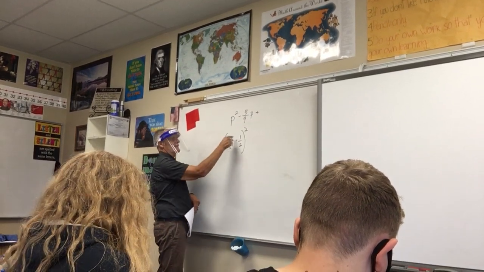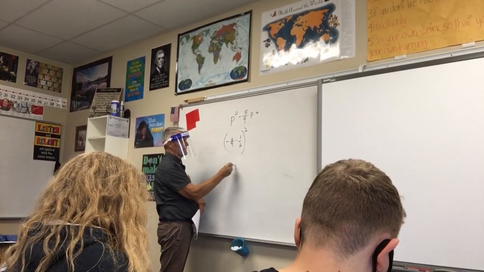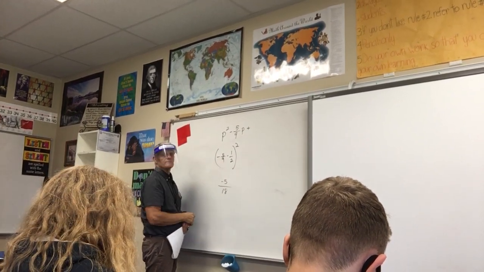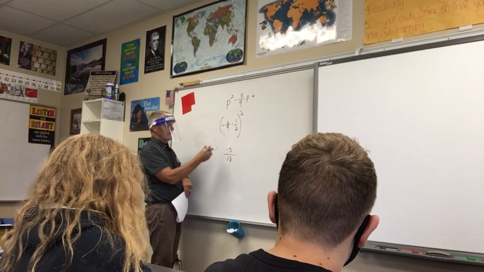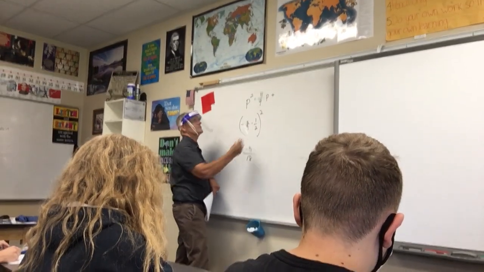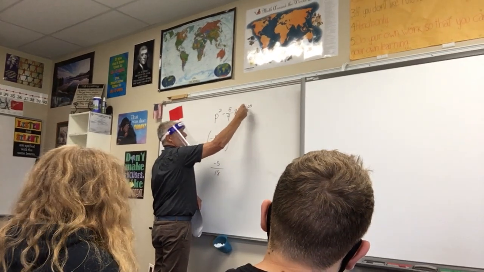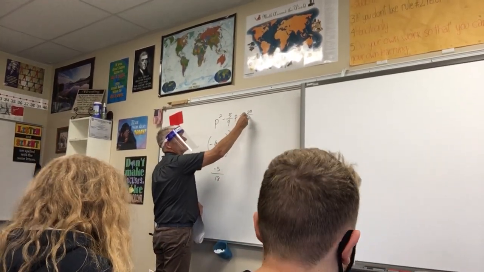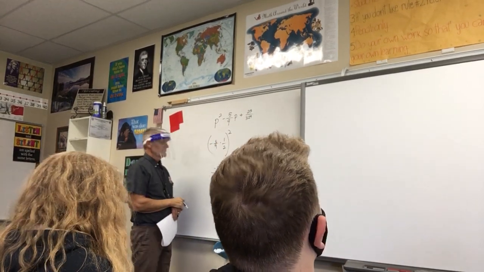So negative 5 times 1, negative 5. 9 times 2, 18. And negative 5 squared is 25. And 18 squared is 324? Yeah.